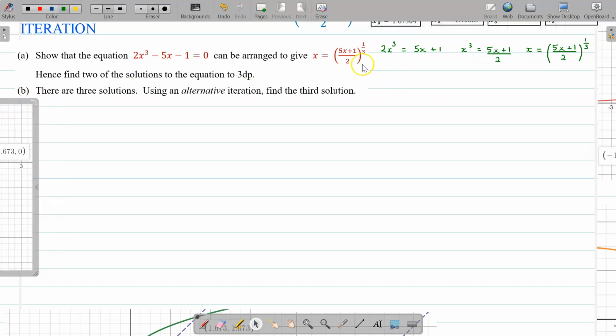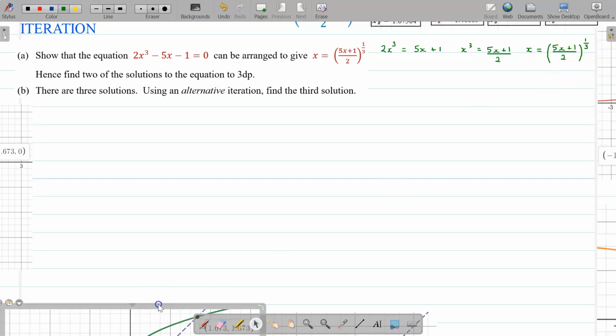Now, what I've done effectively here is I've written this as a function of itself. I've written it as a function of x by moving part of it to one side and keeping the x on the other side. And what I'm now doing is considering the graph of y equals this, (5x plus 1) over 2 to the power of 1/3, and then the graph of y equals x, and where those 2 graphs cross will be the same 3 solutions.